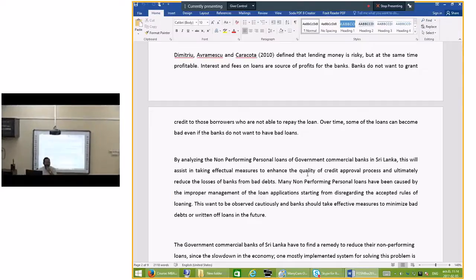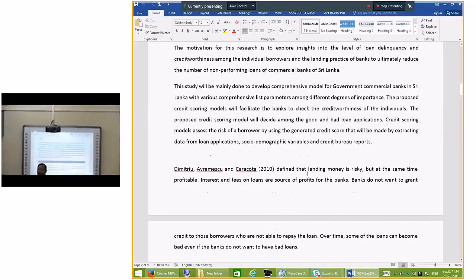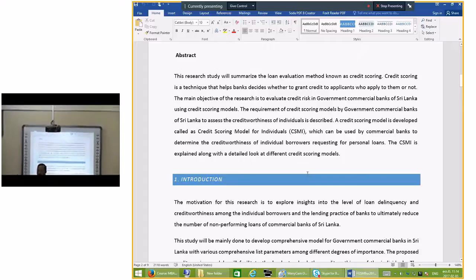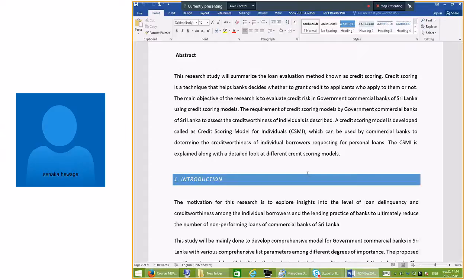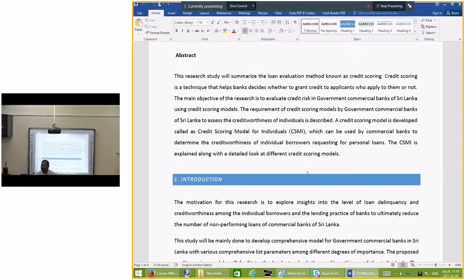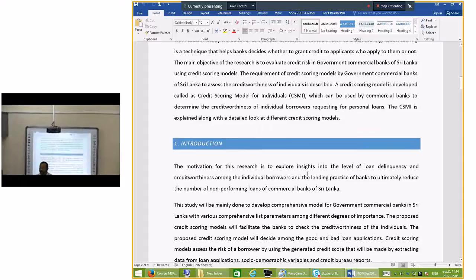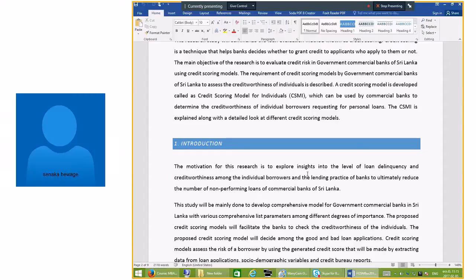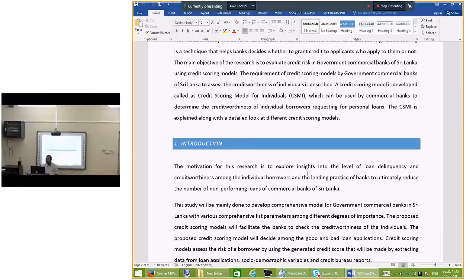Yes, sir. That means your CSMI model is wrong. I think it is to be improved, sir. Not you think. By producing your evidence, you confirm that the CSMI model has some weaknesses.